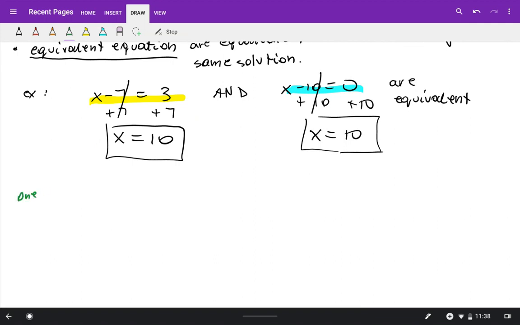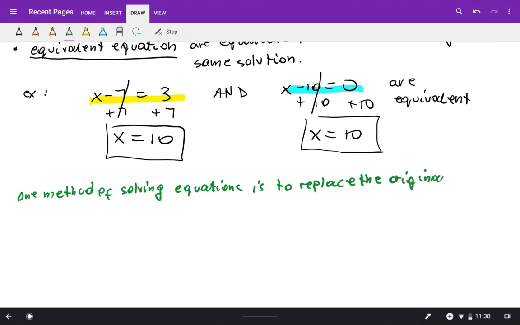One method of solving equations is to replace the original equation with an equivalent equation. So that's what we're going to do.